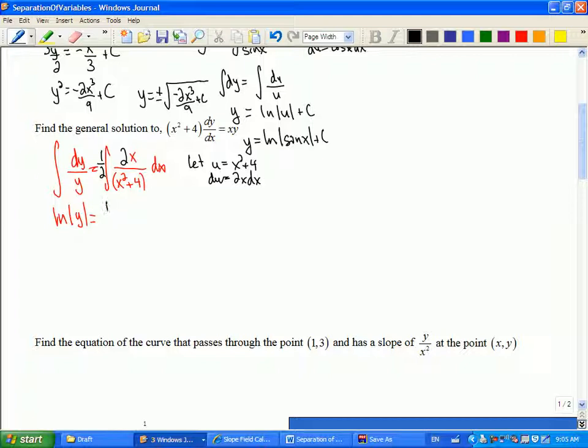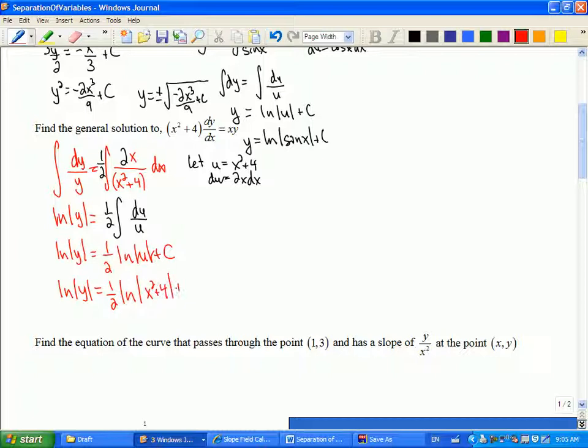So I end up with 1/2 the integral of du over u. So natural log of y is 1/2 the natural log of u and some constant. And of course, I'm going to resubstitute that in. So natural log of y is 1/2 the natural log of x squared plus 4. And I don't need the absolute value brackets anymore.